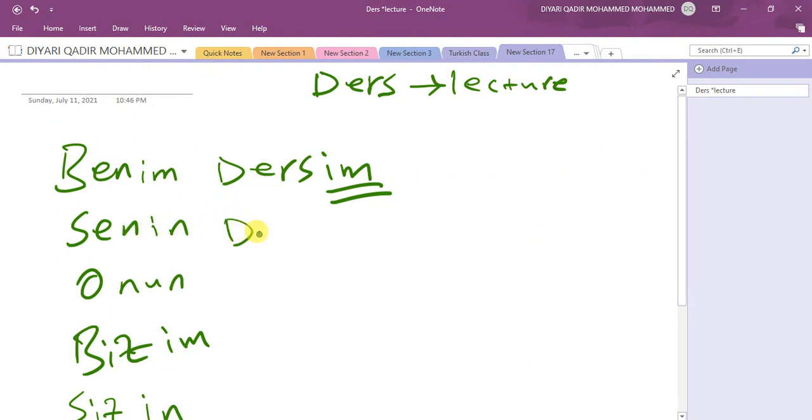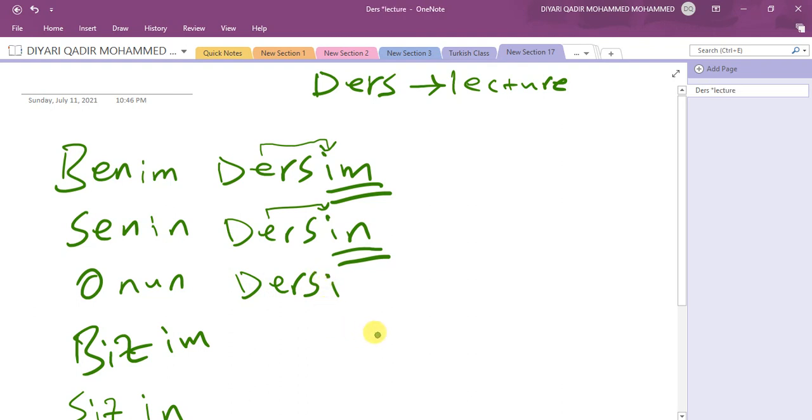Senin dersin. In the previous example we said senin çantan. But here we also use this I. This I is because of this E. We said that this E changes to I, right? Senin dersin.